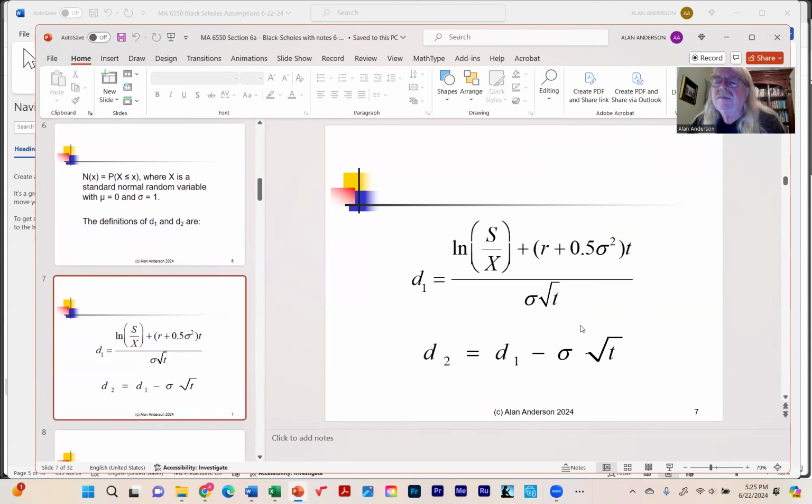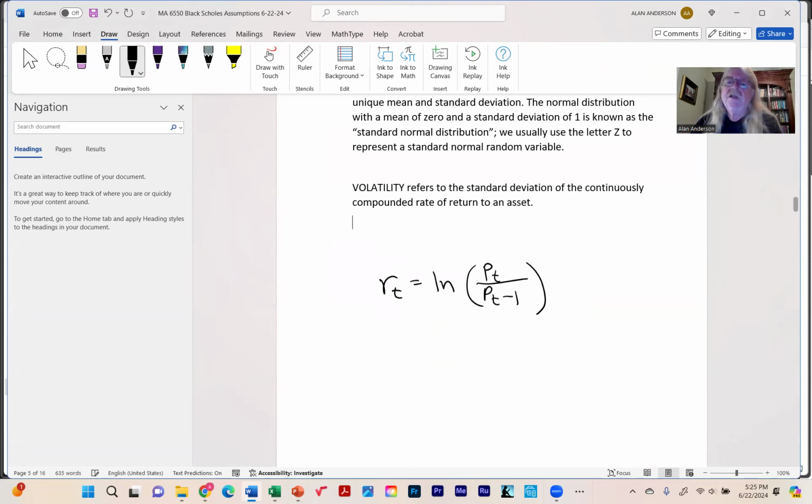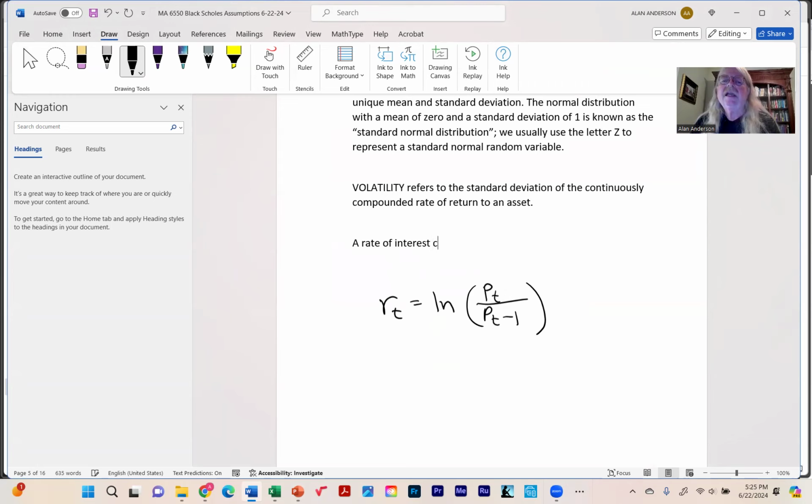The returns can be calculated in one of two different ways, depending on our compounding assumptions. A rate of interest can be compounded in many different ways.